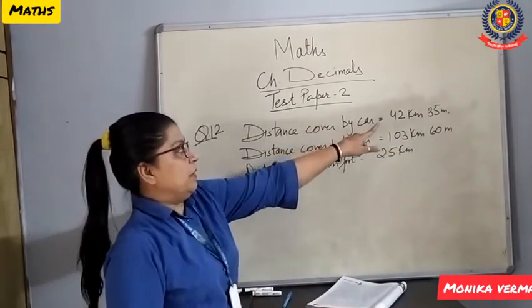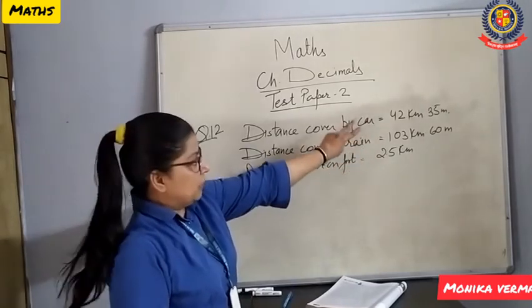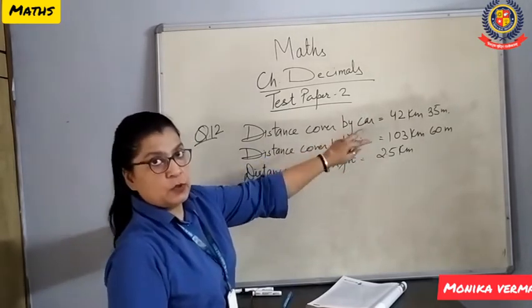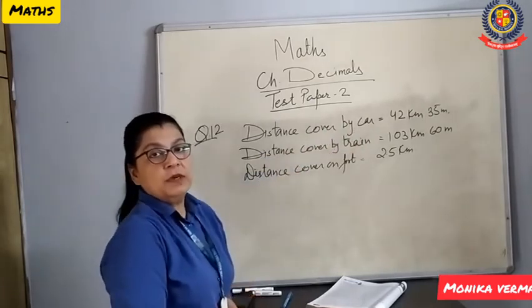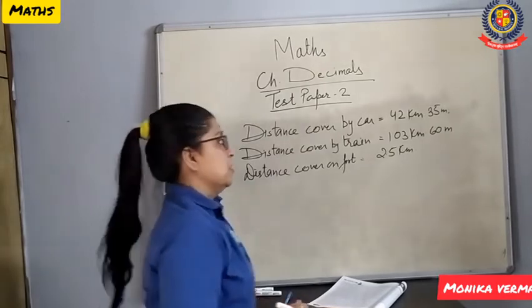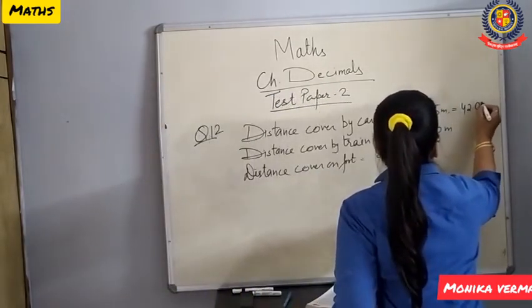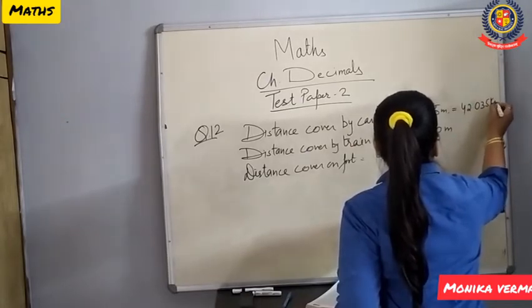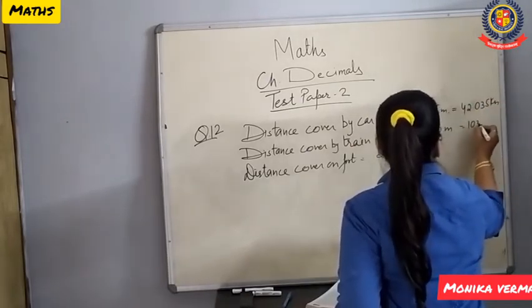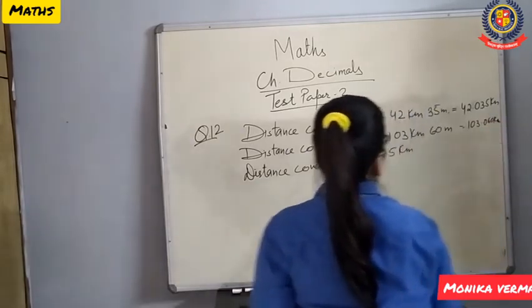We are having kilometer, meter, kilometer, meter, and here we are having kilometer in decimal. So it means we have to change that also. And 1 meter is having how much kilometer? We have to divide it by 1000. So we will get 42.035 kilometer. And here I will get 103.060 kilometer.